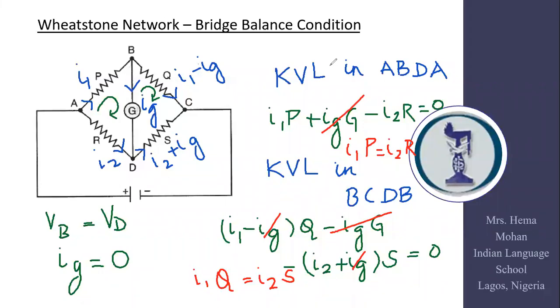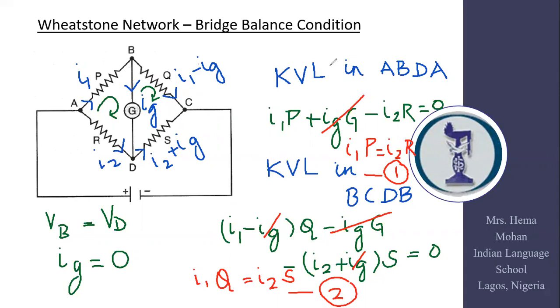So we reach these two final equations when we apply the bridge balance condition on the Wheatstone network. I1P is equal to I2R and I1Q is equal to I2S. Now, keeping this in mind, if we divide the first equation by the second equation, we obtain the bridge balance condition.